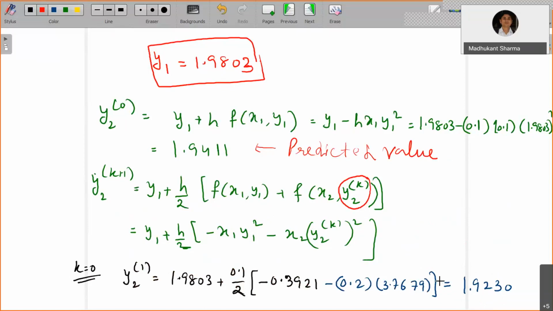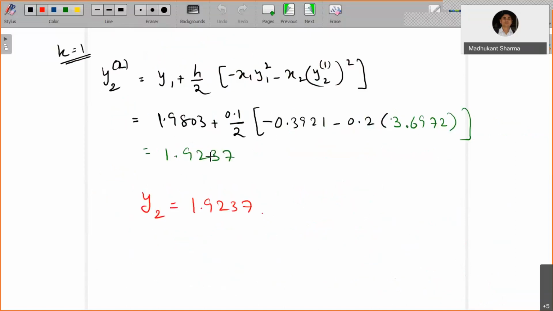Now for k equals 1, it is still going around the same value, 1.9231. So y1 plus h by 2, here you are replacing the new approximation, and then you will obtain the final value, which we will call y2. You can go with one more step, but you will still be surrounding this value.